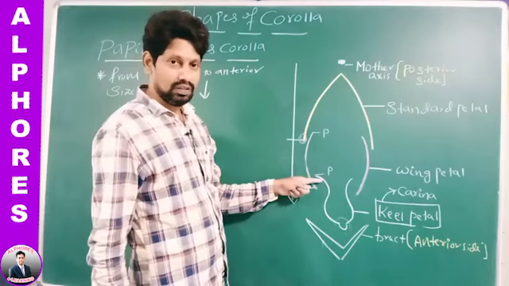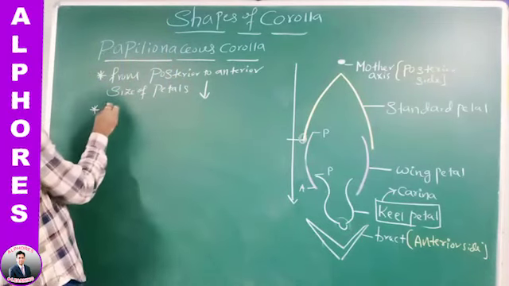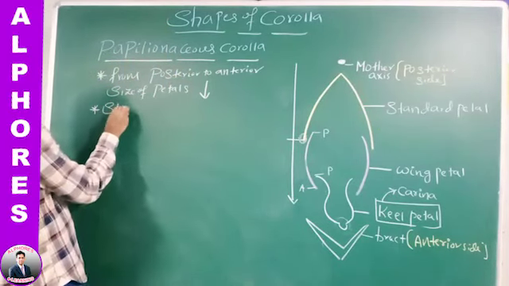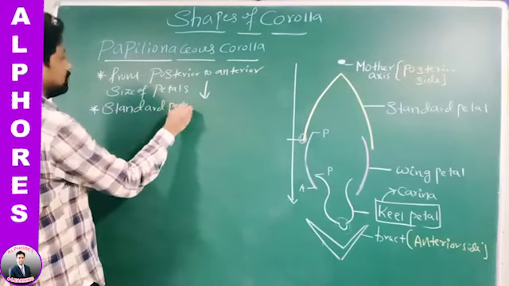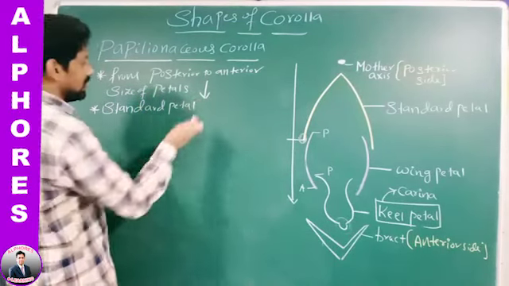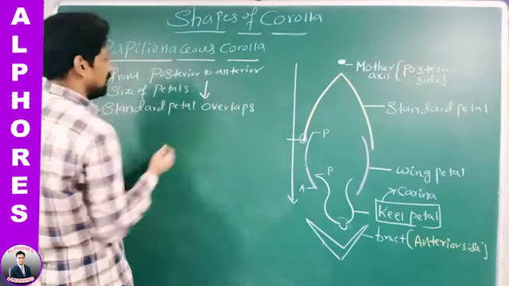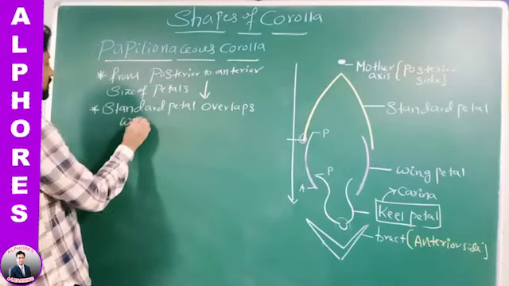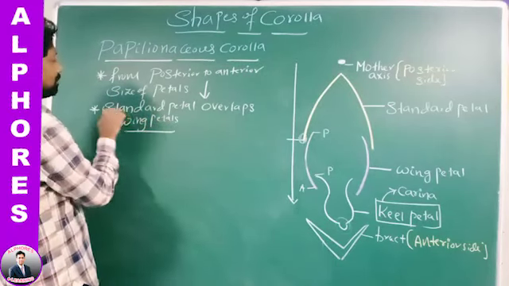Yes or no? Is it okay? I am writing the statement here. What are the petals? Standard petal. Standard petal overlaps what? Wing petals. Be careful, what is overlapping what?